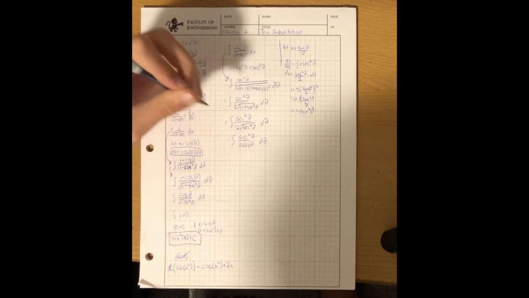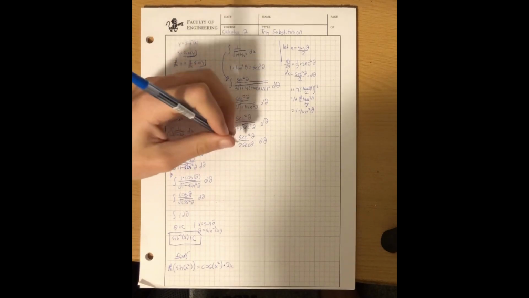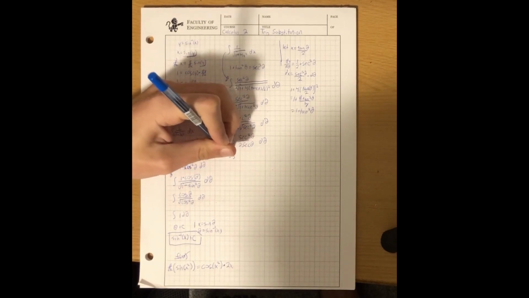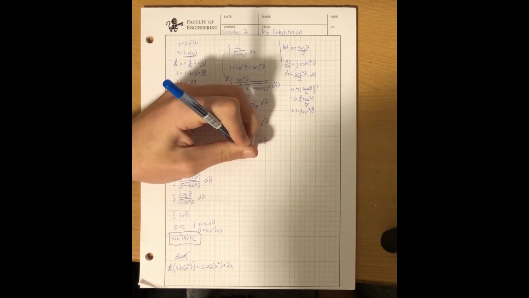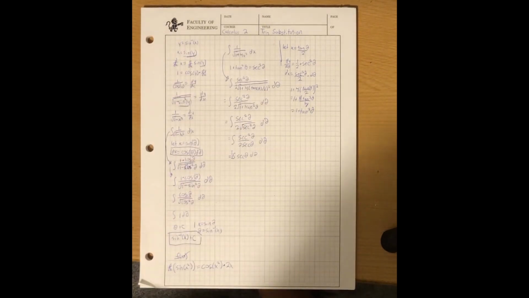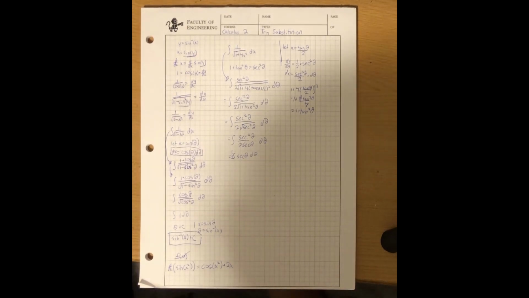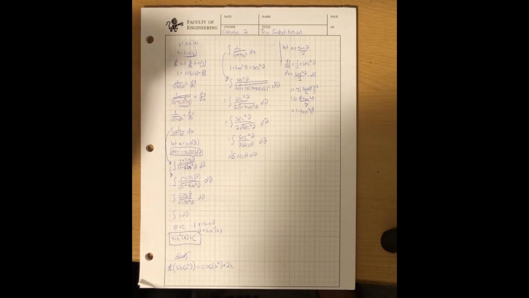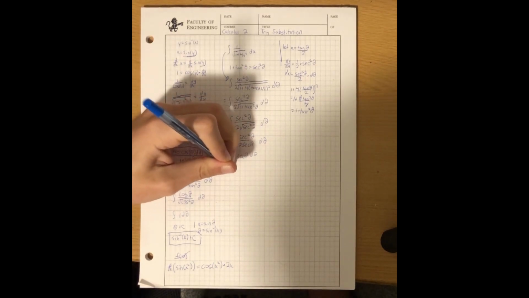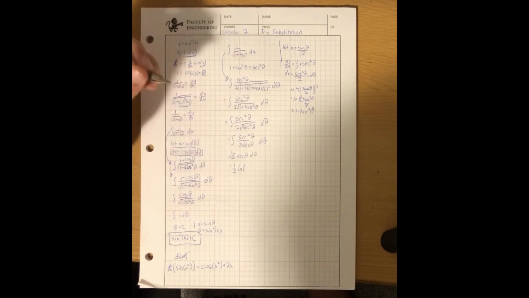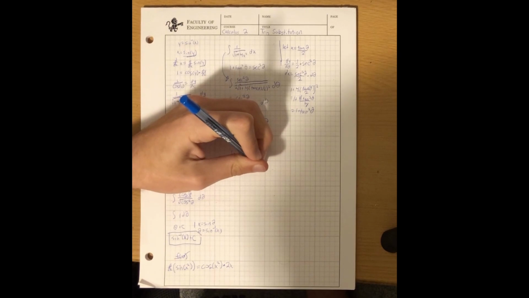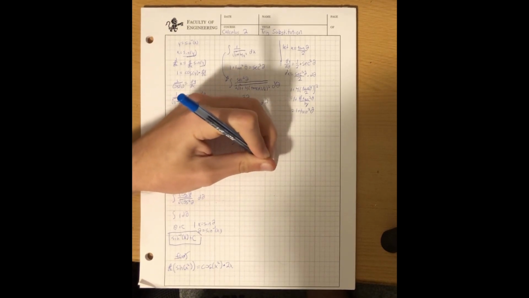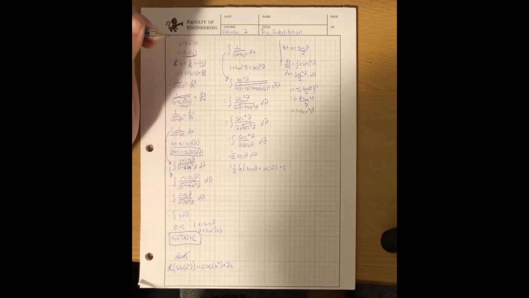This will cancel off the secant thetas, and we'll end up with the integral of 1/2 secant theta d theta. I'm not going to show how to do the integral here, but it is a pretty standard integral once you actually see it. But this would be equal to 1/2 ln of tan theta plus secant theta plus c.